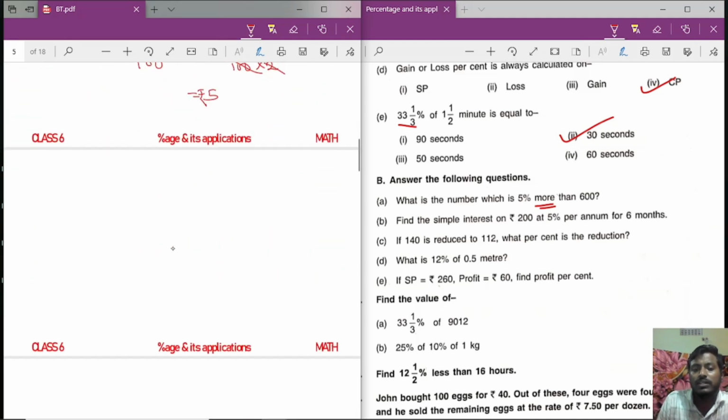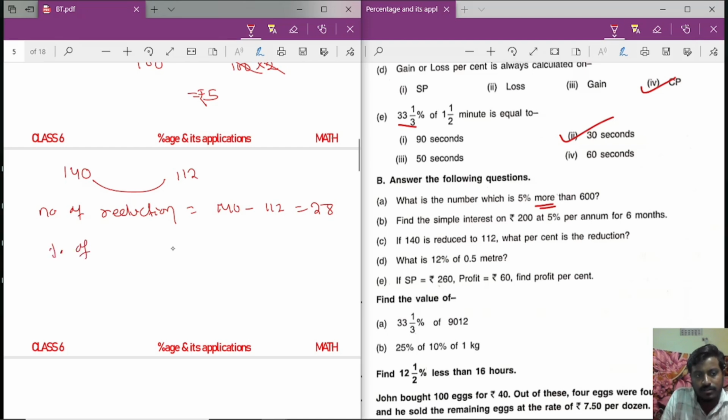If the number 140 is reduced to 112, find the percentage of reduction. First, the amount of reduction equals 140 minus 112, that is 28. Now find out the percentage of reduction.